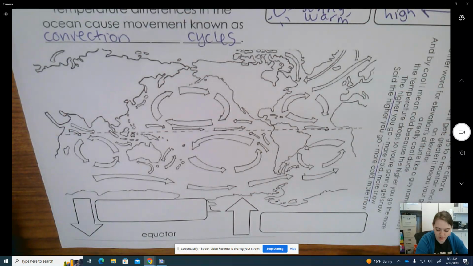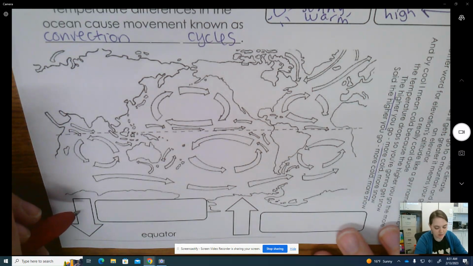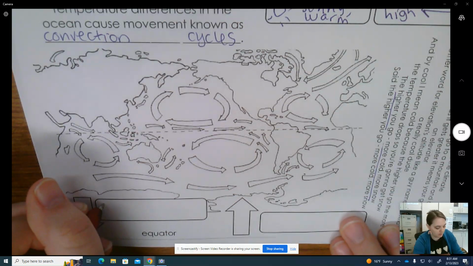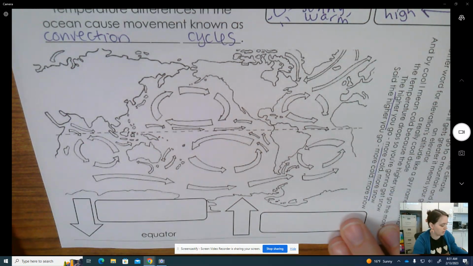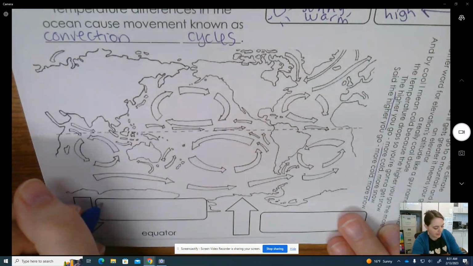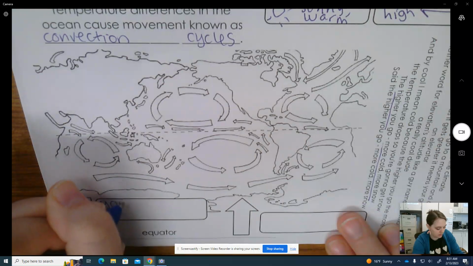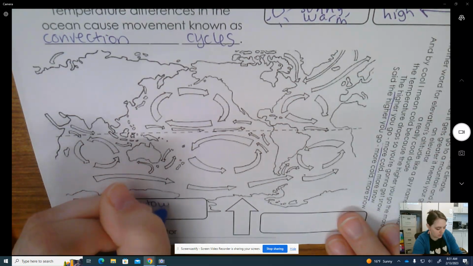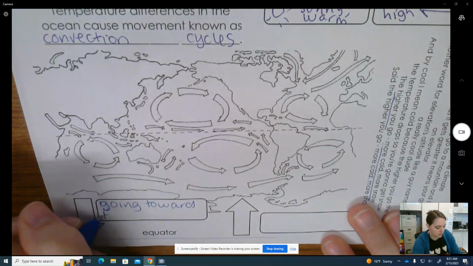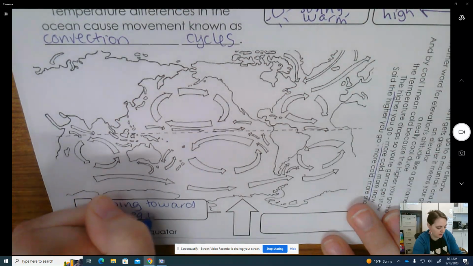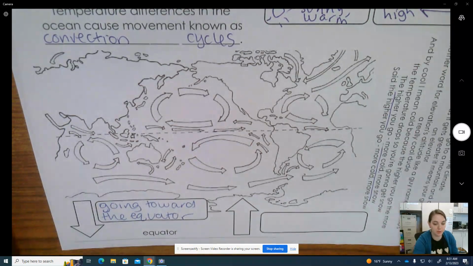You are going to color the arrows that are going toward the equator blue.